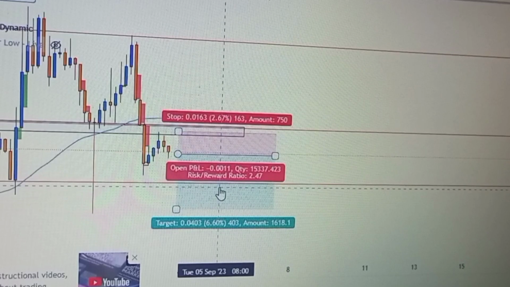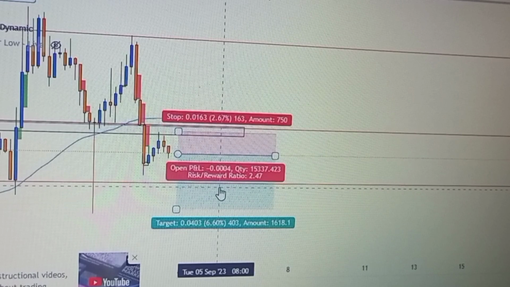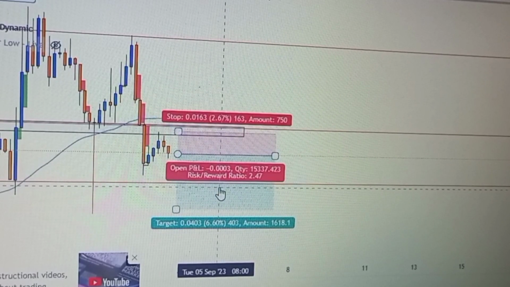That is when I'm going to go to the calculator. So you take your 2.67%, and then your profit margin also is 6.66%.